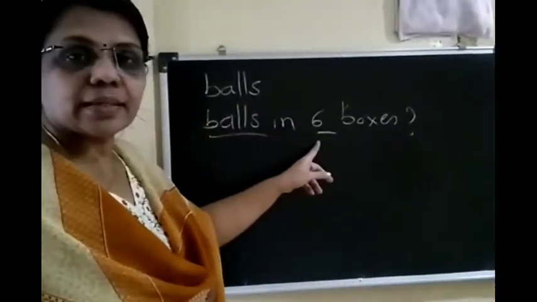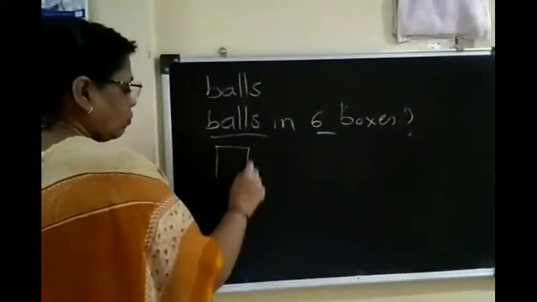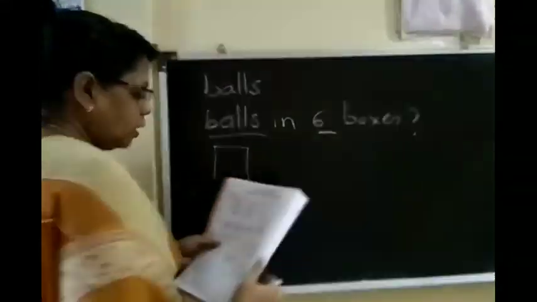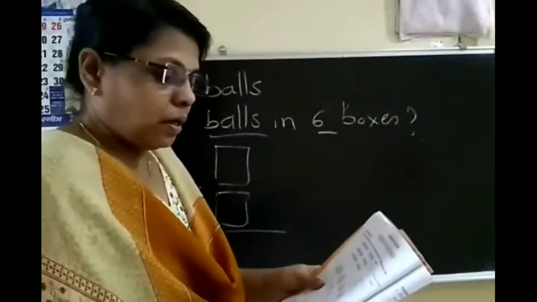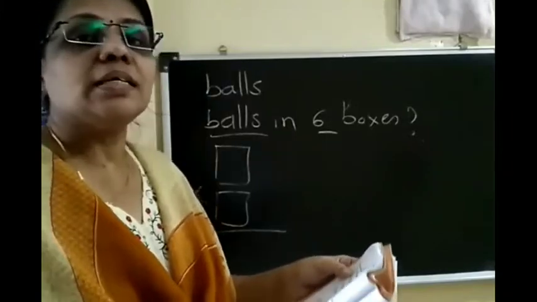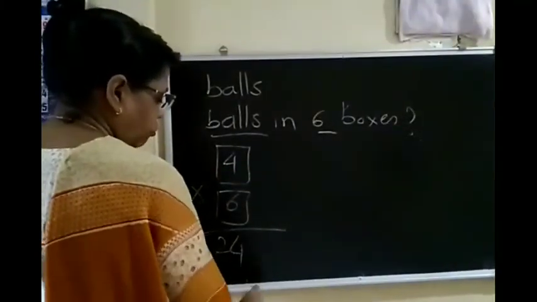Then the calculation is given. If there are 4 balls in 1 box, then how many balls in 6 boxes? So here 4 6s are 24.